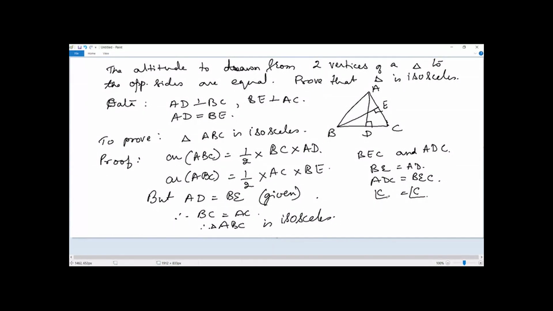Yes, ma'am. Then what will be CPCT? BC equal to AC. Instead of taking ABD and ADC, we can take BEC and ADC. This is also correct. Another way of proving.